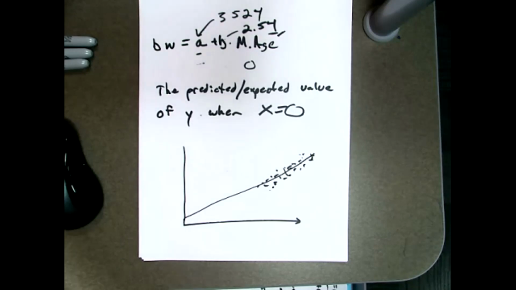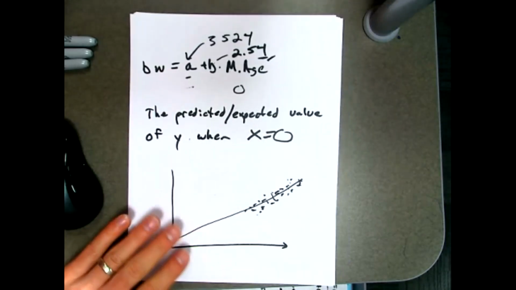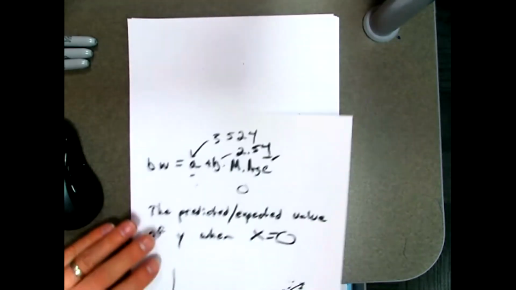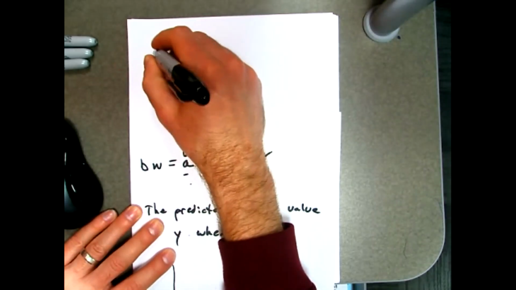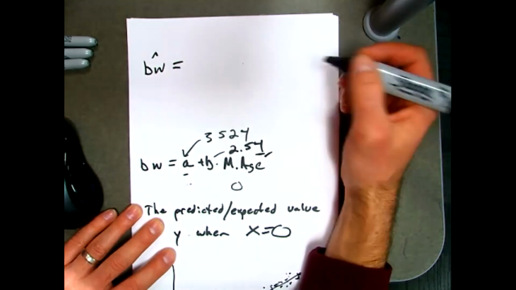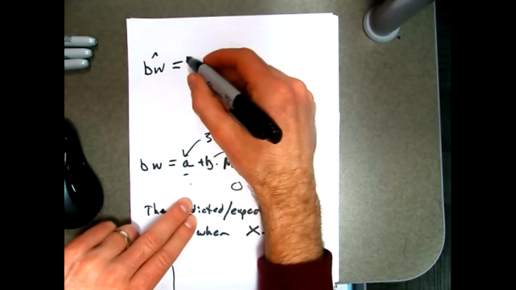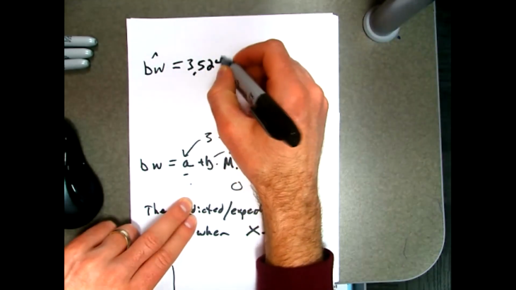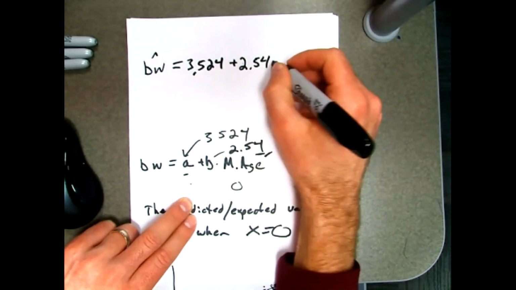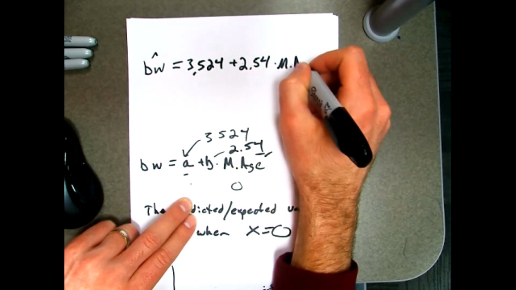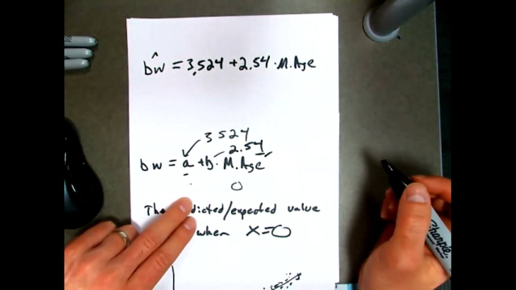So an additional question I could ask you here, and I'm trying to get this idea of what we're doing with linear regression. I'm just going to rewrite this out a little bit. So let's say I wanted to come up with predictions for birth weight. Well, I could do that using my intercept coefficient value that I found and that slope coefficient value that was associated with mother's age, right?